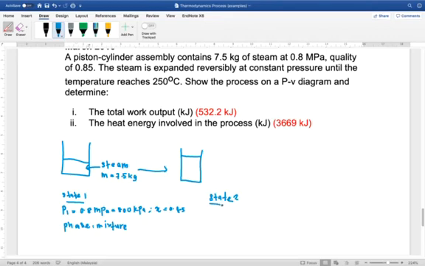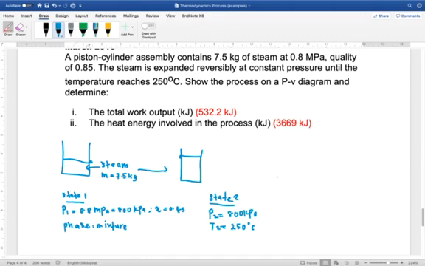The pressure P2 is equal to 800 kPa, since the process from state 1 to state 2 is isobaric. Given here T2 is equal to 250 degrees Celsius.